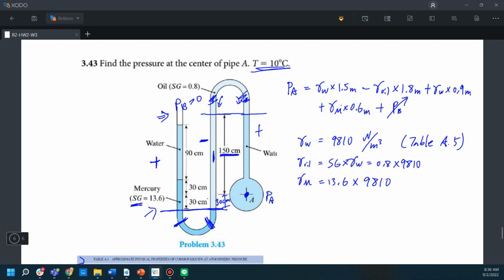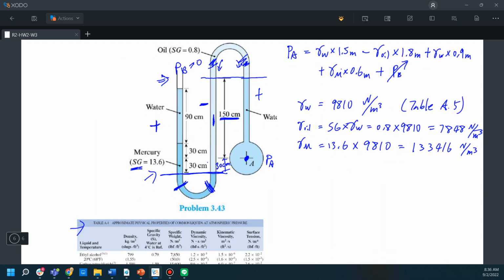Okay, and then we can use a calculator to find the corresponding values. For oil it is 7848, and for mercury it is 133416.